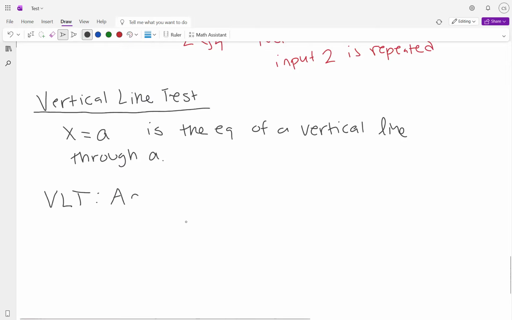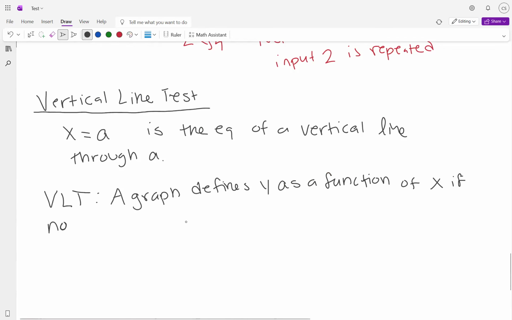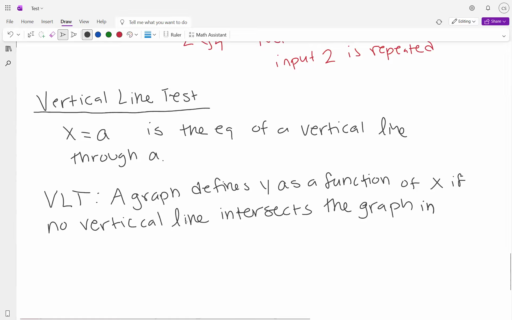So what this says is a graph defines y as a function of x if no vertical line intersects the graph in more than one point. Okay.